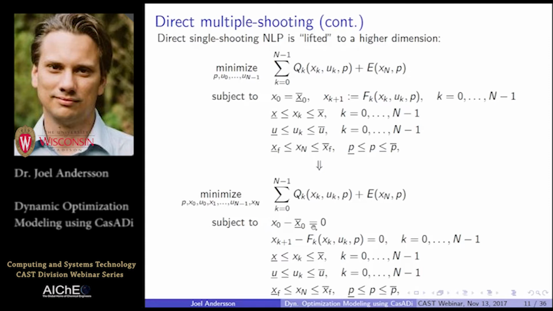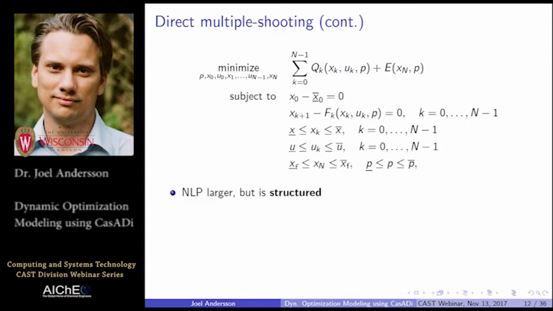So we lift the problem into an equivalent higher dimensional problem that we can solve instead. So we end up with a larger problem, with additional variables in our NLP and additional constraints.